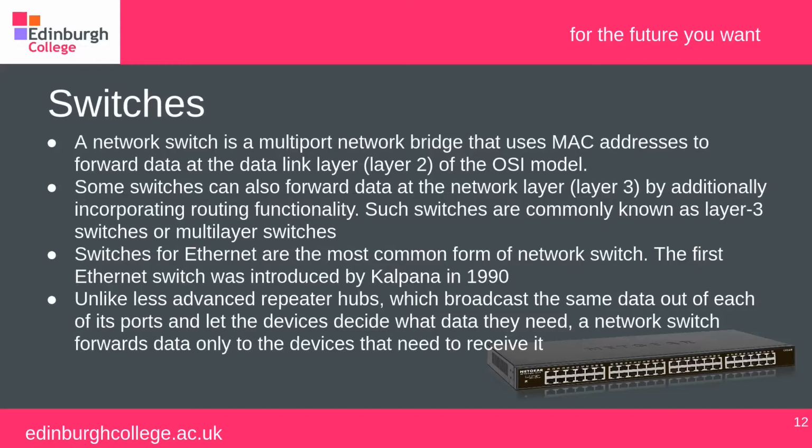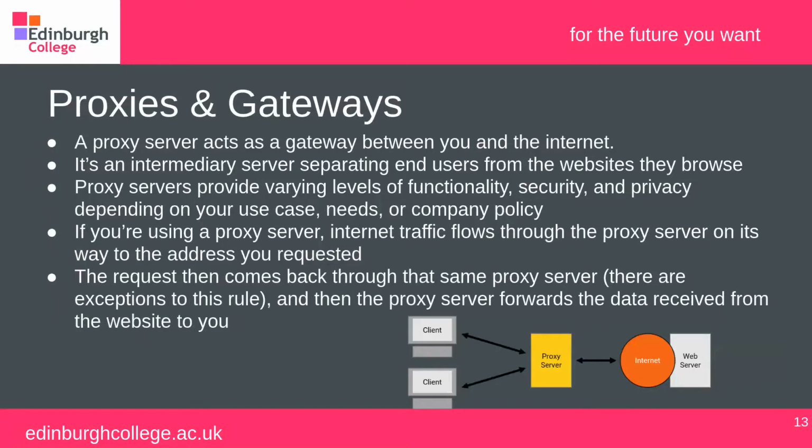And we can also think of a router as a software device and a switch as a hardware device. So physical addresses, hardware device. Proxies and gateways. So a proxy server acts as a gateway between you and the internet. It's an intermediary server separating end users from the websites they browse.